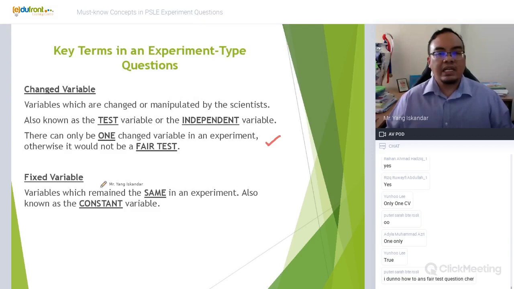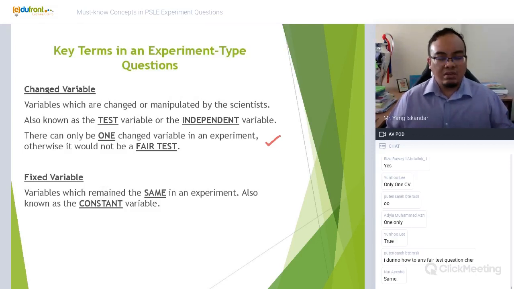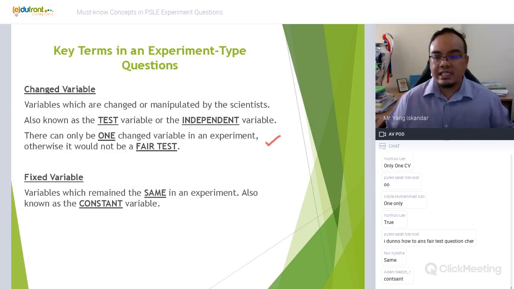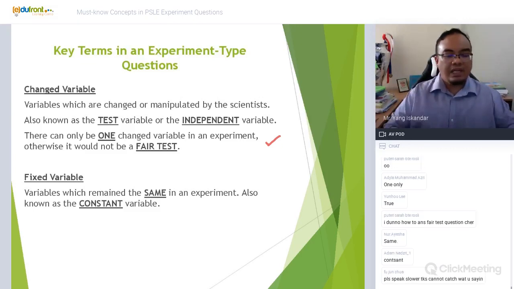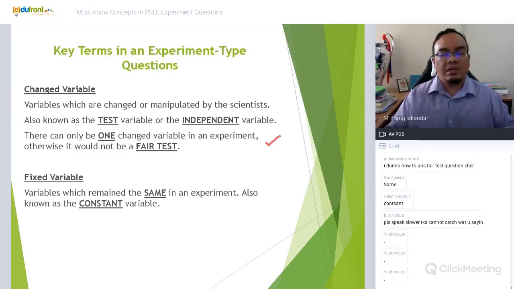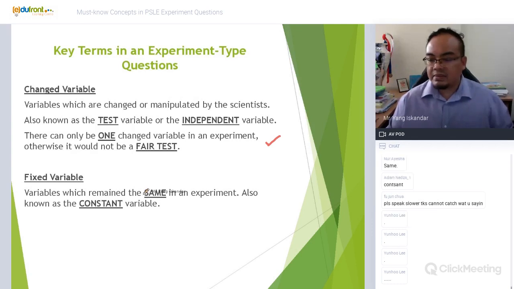Fixed variable is the variable which must remain the same. It is also known as the constant variable. Like in the experiment that we saw just now, one of the fixed variables is the amount of water given. You cannot give some setups water, but other setups you don't give water, because that is fixed. That should be the same.